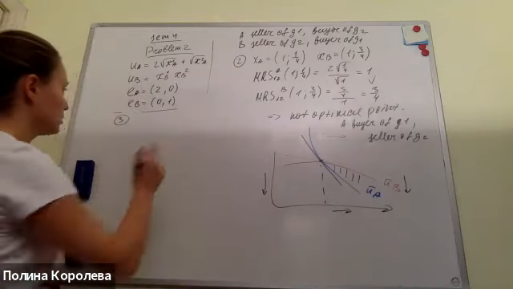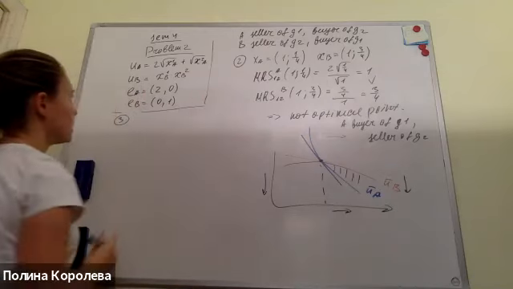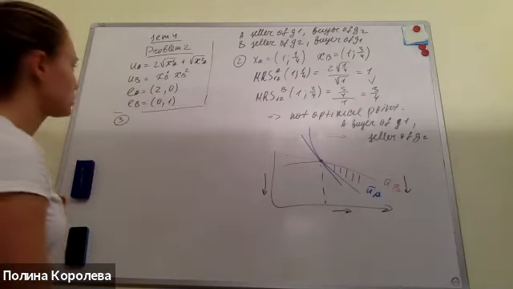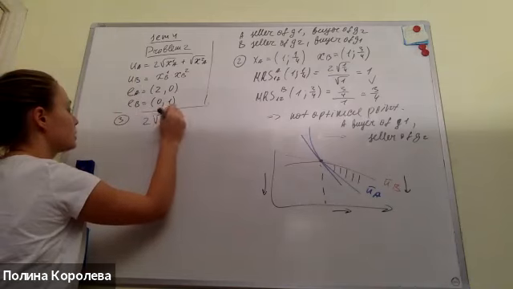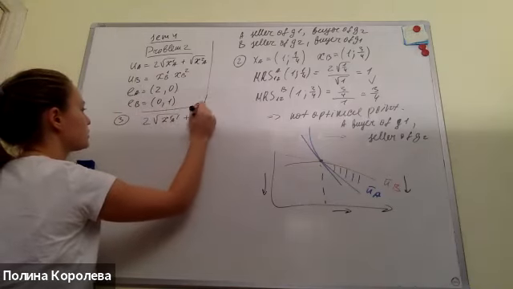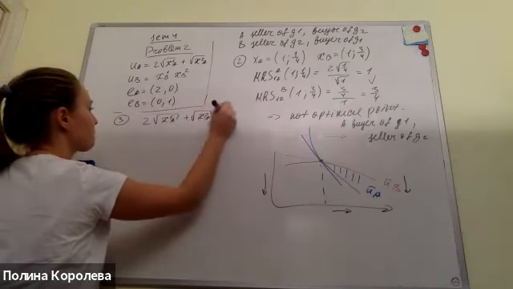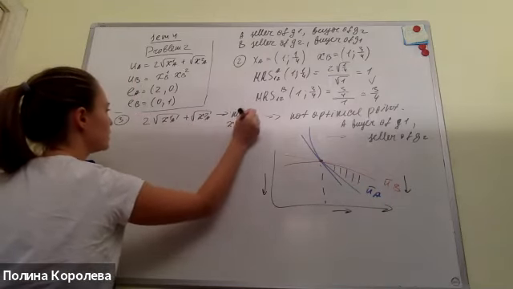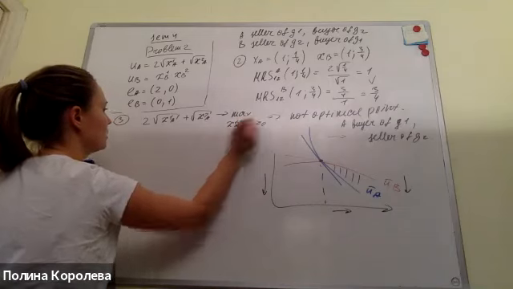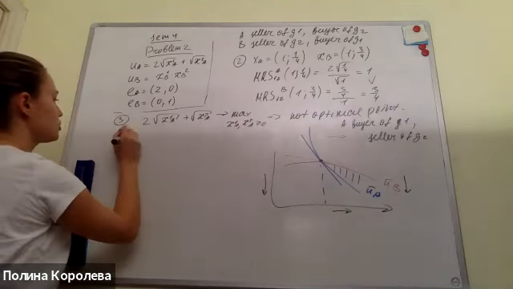So, always we write down this utility maximization program, 2 x1a plus square root x2a. We should maximize by choosing x1a, x2a non-negative, subject to budget constraint.